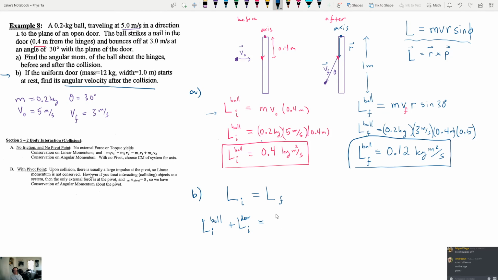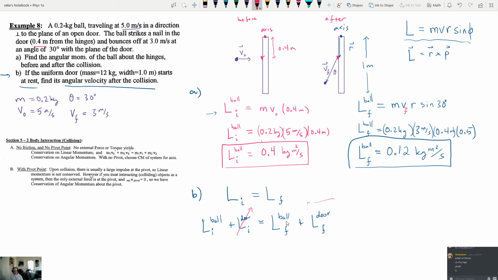And that's going to be equal to the final angular momentum of the ball plus the final angular momentum of the door. And because the door starts from rest, the initial angular momentum of the door should be equal to what? When it's just hanging there. 0. Okay. That means we only have one unknown in this equation, which is the final angular momentum of the door.